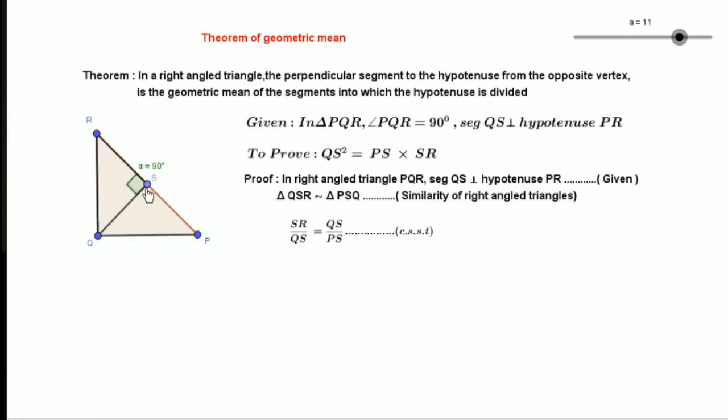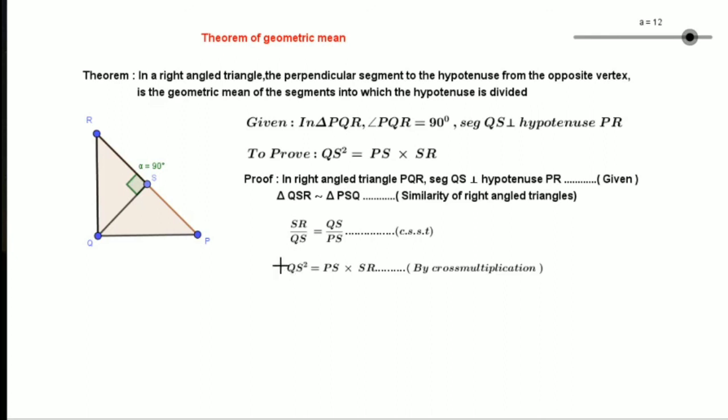So height SR upon base QS of triangle QSR is equal to the height upon base of triangle PSQ. QS is the height, and PS is the base. So QS upon PS equals SR upon QS. Cross multiplying this, we get QS into QS, QS square, equals SR into PS, that is PS into SR.